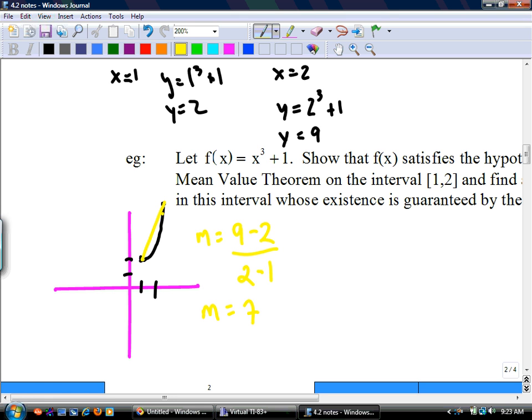So that's the first part of the mean value theorem. Find the slope of the secant line. The second part of the mean value theorem says take the derivative. Make it equal the slope of the secant line. Solve for x.